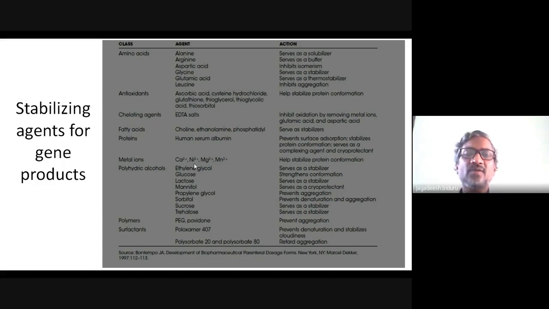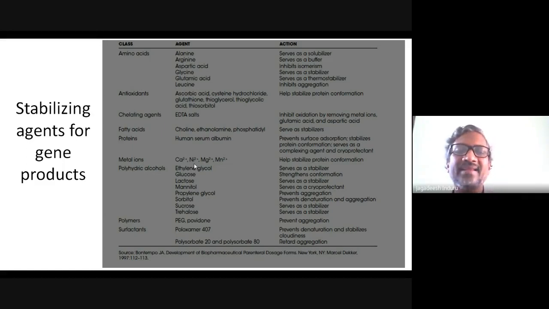And in this case, you have so many varieties. Ethylene glycol acts as a stabilizer, glucose strengthens the conformation, lactose is also a stabilizer, and mannitol is a cryoprotectant that gives bulkiness and also has the capacity to create the cake formation, because for reconstitution you want to have a cake.